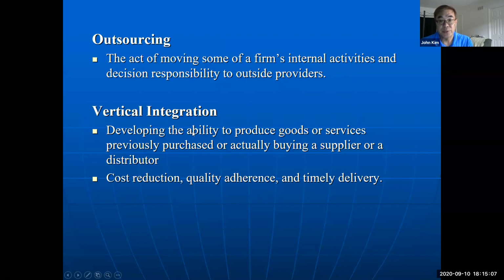Vertical integration is developing the ability to produce goods or services previously purchased, or actually buying a supplier or a distributor. So bring all functions inside if we can do better, cheaper, and faster than others. By this, they may reduce cost, and be cheaper, better, and faster.